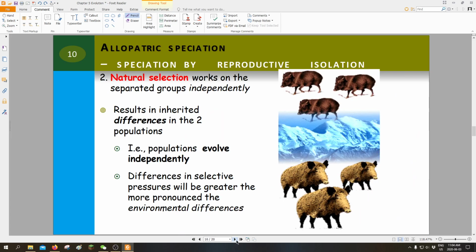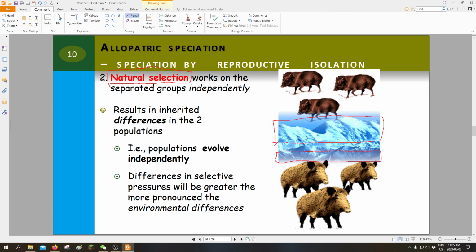All right. So part 2: why does allopatric speciation or reproductive isolation occur? It's because, number 2, natural selection, which we learned about in the past few weeks, works on the different groups independently. Especially if, for example, in this picture, you have one part of the geography that's much different, like the top of a mountain range, versus the bottom of that geographic area, which is the valleys and the forests below the mountains, okay?